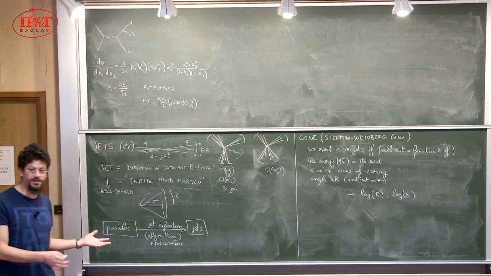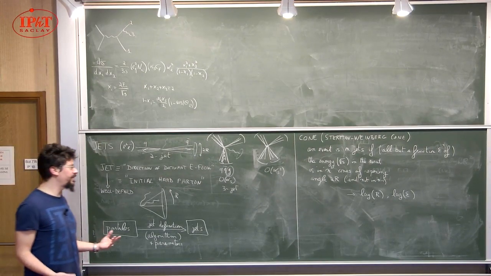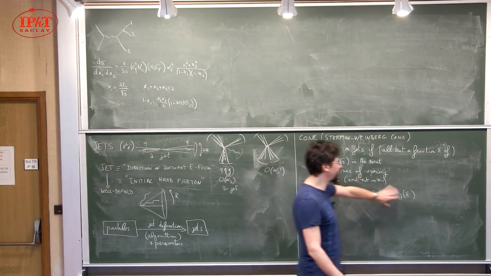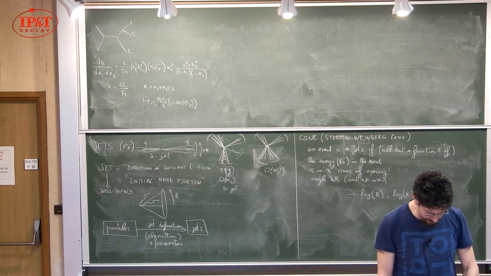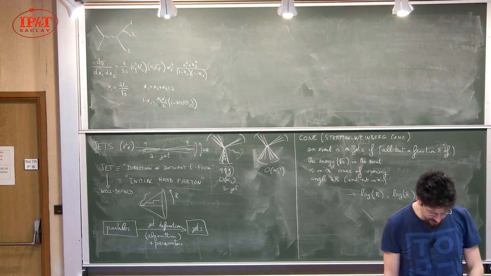So even though at the end of the day it's finite, you will have alpha s accompanied by logs. And again, that's something we're going to discuss over and over again in the next lectures, in particular in the next one.